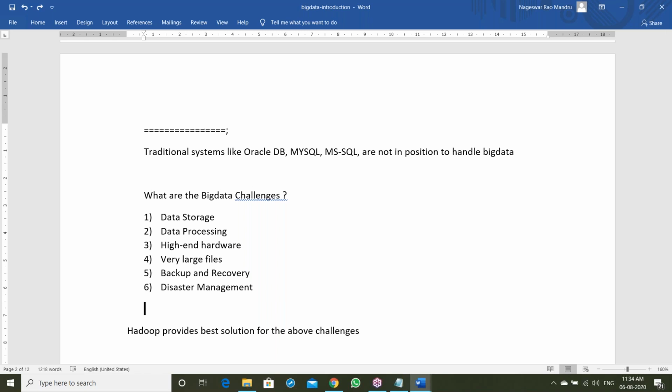Next, we'll discuss the advantages and disadvantages of Hadoop. Once you finish that, setup starts: first the Linux setup, and on top of the Linux base, the Hadoop setup will start. Tomorrow we'll continue.